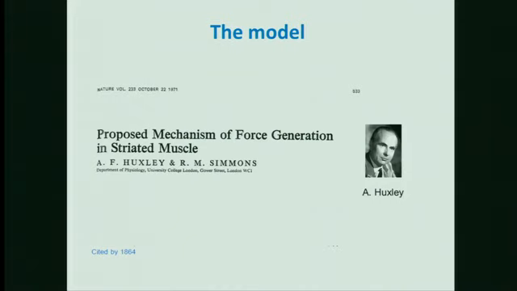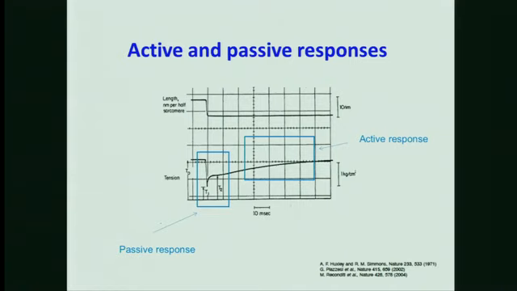And it's interesting that although it's a very highly cited paper, those features somehow remained unnoticed. All right, so what did Huxley and Simmons do? They looked at the tetanized muscle, which means that there was an abundance of ATP, and then it was kept at a certain length, and suddenly this length was shortened. And then they measured tension.